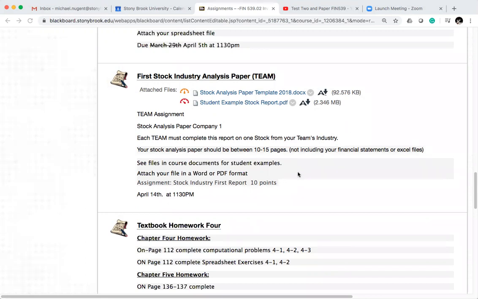So hopefully you've gotten started on it. It was originally due a lot sooner, but I had adjusted all the due dates later since we had an extra week off for spring break. So once you complete the team paper here, and I left a template and a student example.